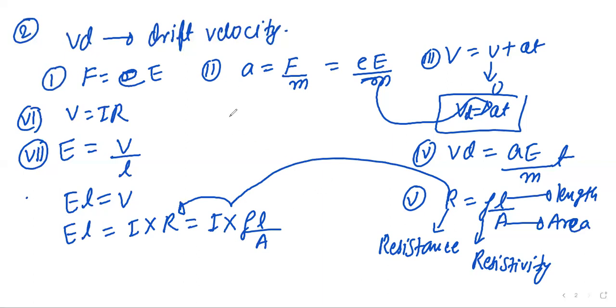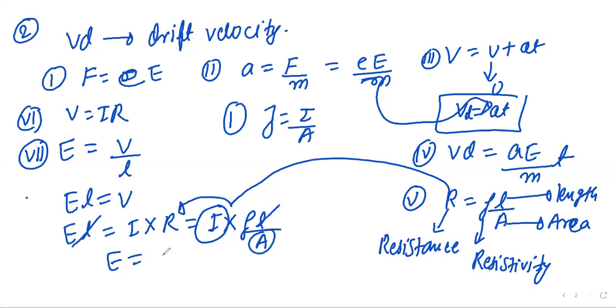And there is a quantity we will use here, J. J is nothing but current upon area. So this is your current, this is your area. So put there J. So E will become, the length will cancel on both sides. The remaining is I into rho upon A. I upon A is nothing but J, so J into rho.